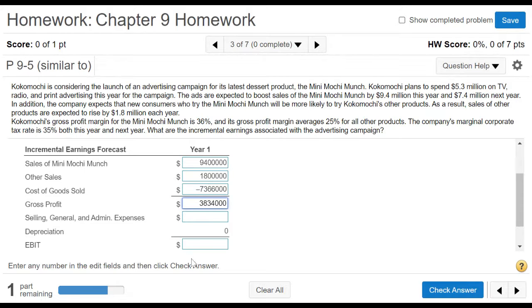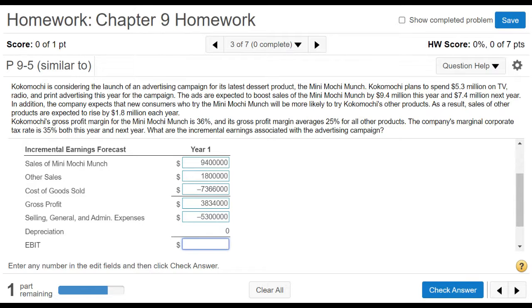Okay, now you have expenses, negative 5,300,000. Right, that's coming out. Those are for the expenses. There's no depreciation.